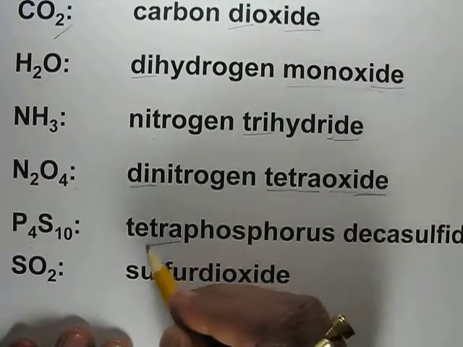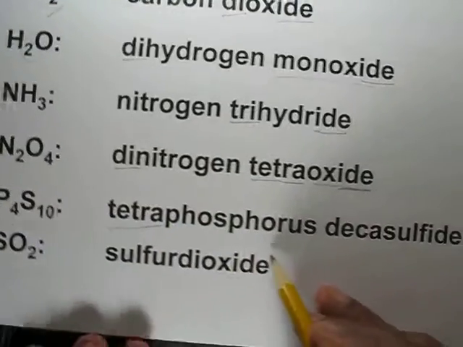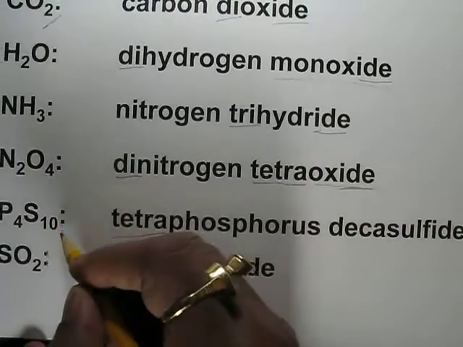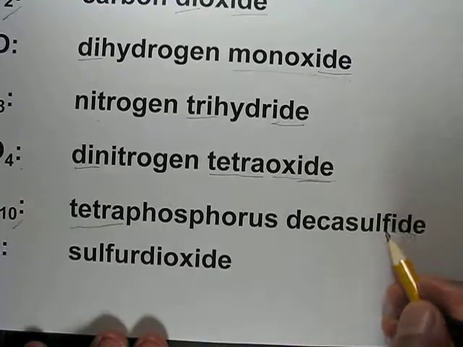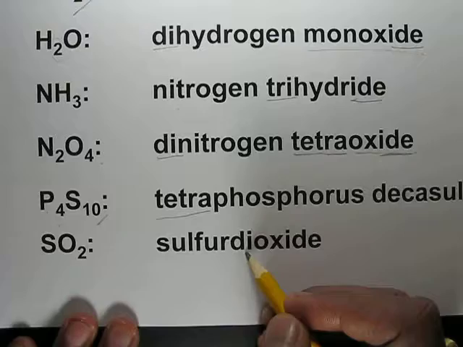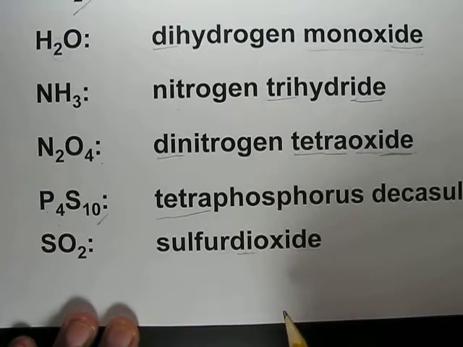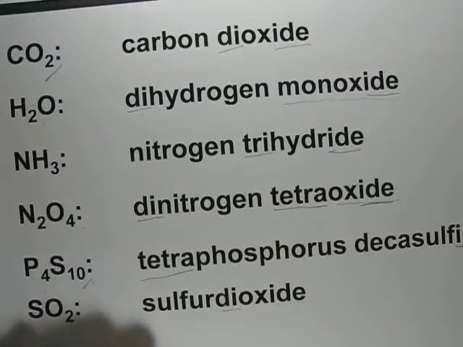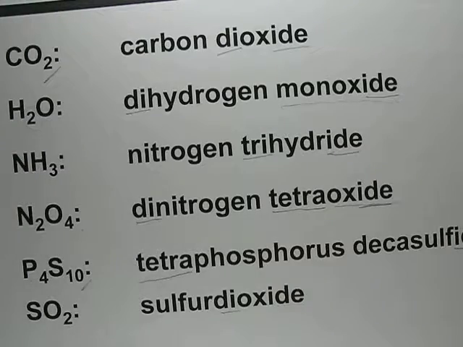Tetraphosphorus: tetra means 4 phosphorus. Then decasulfide: deca is for 10, and sulfide with ide. Similarly sulfur dioxide. These are examples of how to name molecular binary compounds.